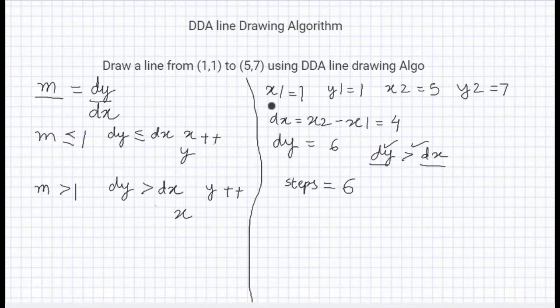So this is very important. And when you compare the values of dy and dx, don't forget to take absolute values. So compare the values as absolute dy and absolute dx.